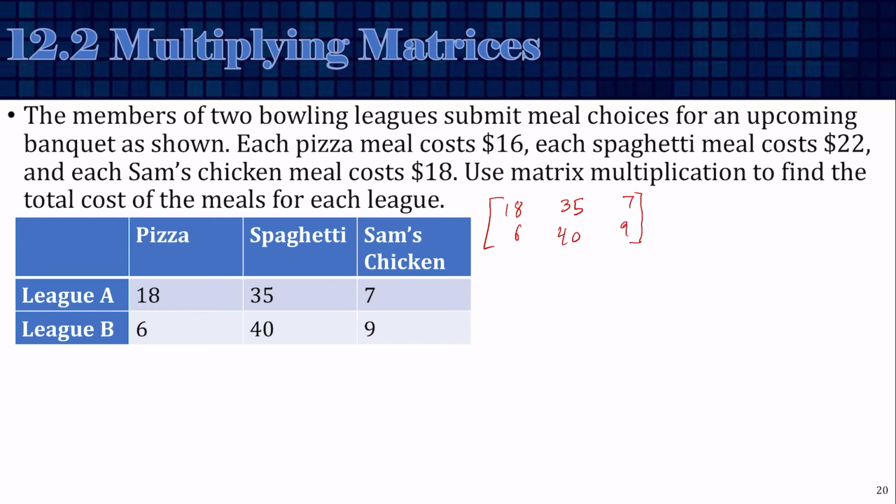All right, and we're going to multiply that with the prices. But I would like the pizza to be multiplied with the price of a pizza, the spaghetti with the price of the spaghetti, and the chicken with the price of the chicken. And I want them added together. So if I multiply them like this, because remember, we'll multiply going across and down.